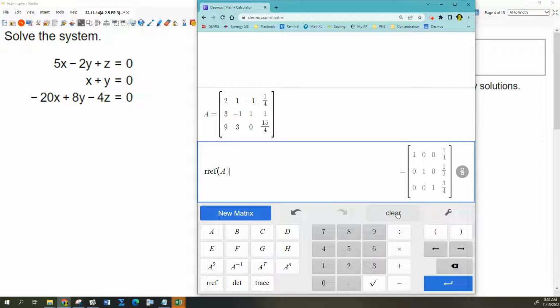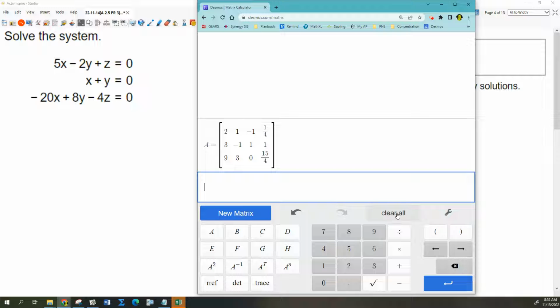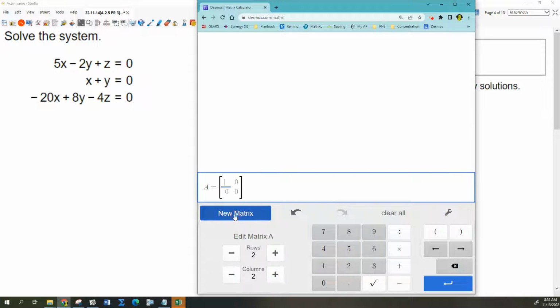Okay, so I'm going to go ahead and clear. Start all over. New matrix. We could have left that matrix in there if we needed to and just made another one, right?